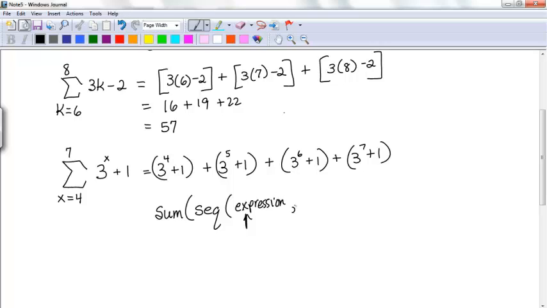It'll probably say variable expression. Then it will say put in your variable. Then it will say do the start, do the end, and then do the increment, how you're counting. There are two left parentheses, so you always need to match those up with two right parentheses.